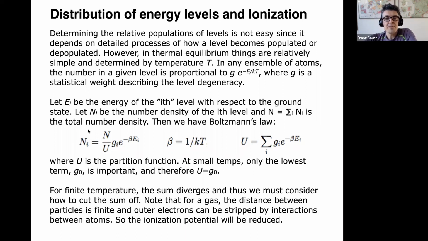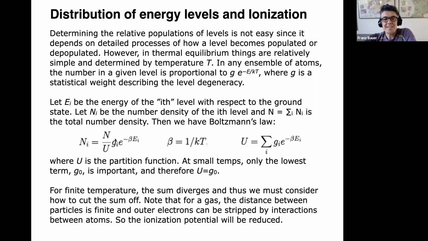And so the number in the ith state is related to the total number density divided by U, which is the partition function, which is the sum of all the different statistical weights times each exponential here, and then times the particular statistical weight for that particular level.